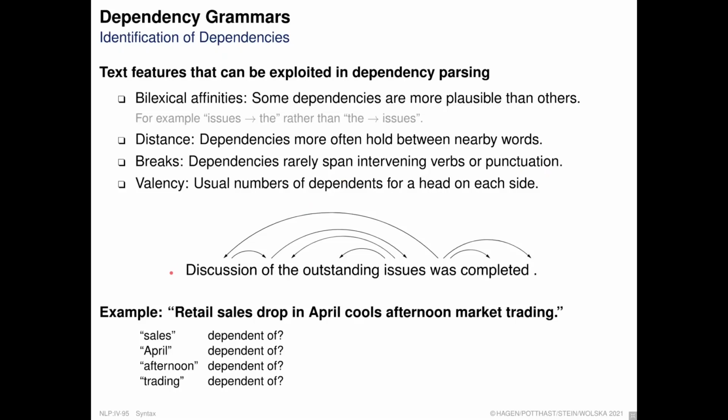So here is an example of a sentence. Discussion of the outstanding issues was completed, and you see that most of the relations are local. However, there are many options for how you could draw the dependencies. And there are also conventions as to how the trees are actually drawn.